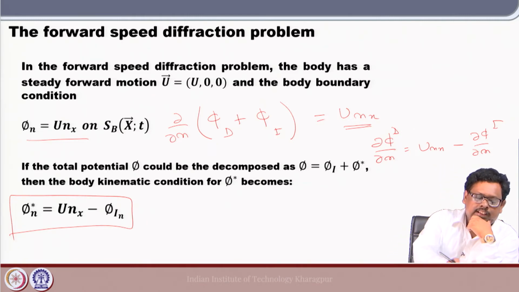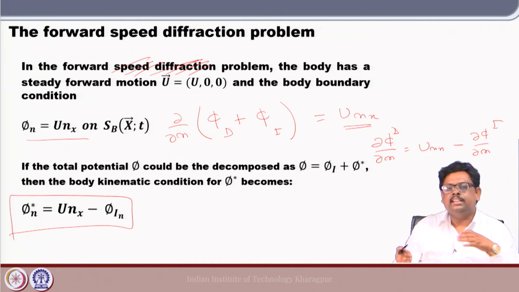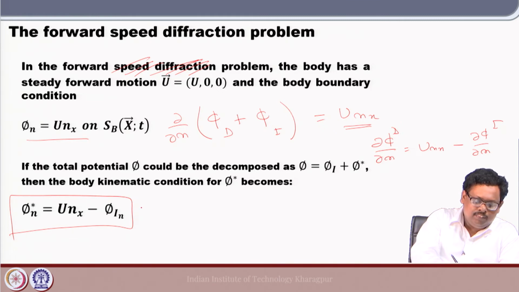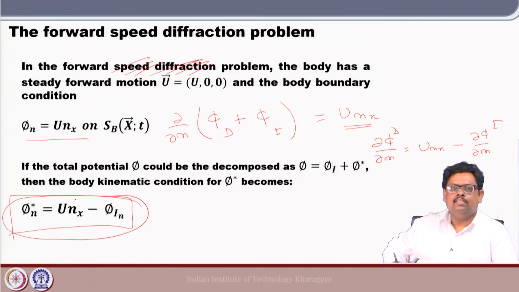Now, here actually it is not the diffraction, it is the wave resistance, it is just moving forward in absence of waves. Now, if you incorporate the waves, then the second equation will come.